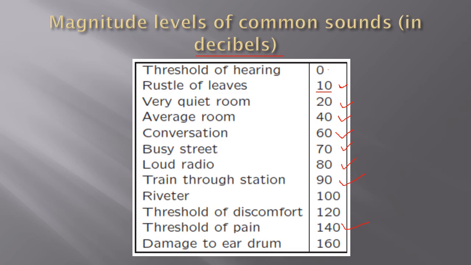Now I would like you to note in this particular example what a very quiet room with a power of 20 dB means. Let's take an example where we have an application which will be used in a quiet room.